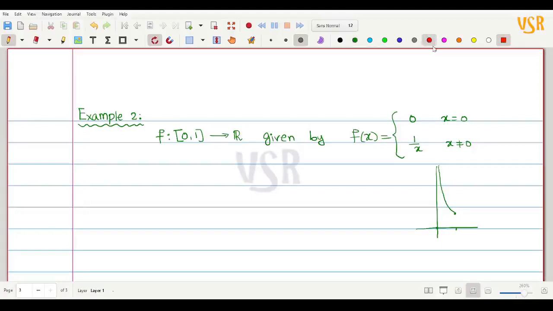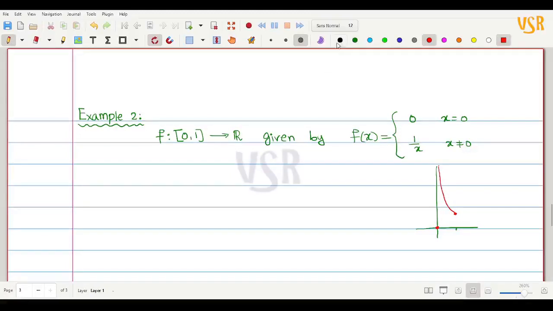Let me draw it in color. It starts here, goes like this, and ends at this point. This is the function, the red color is the function. And note that this is not a bounded function.